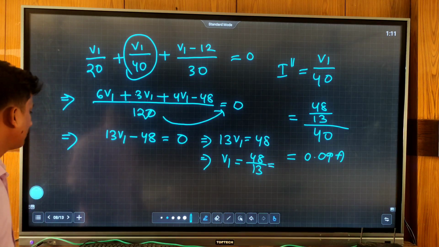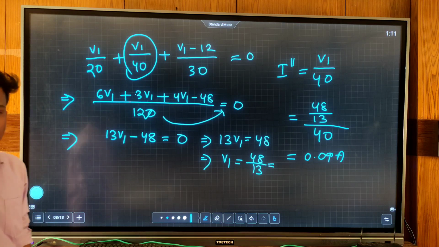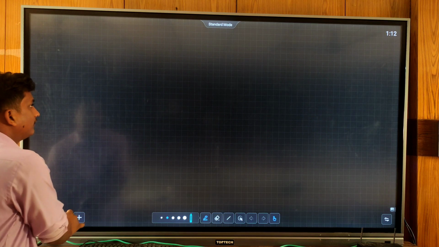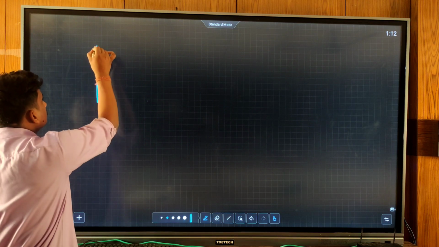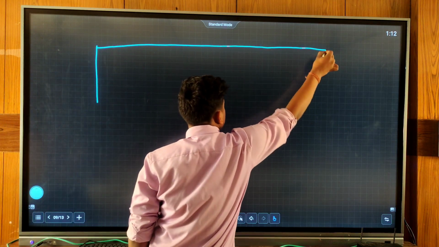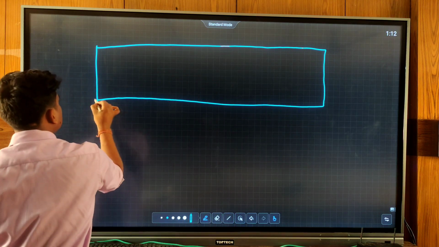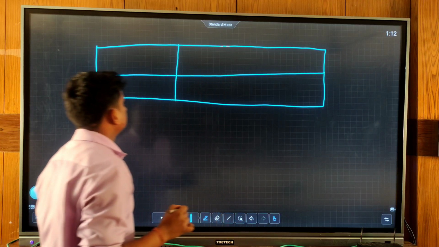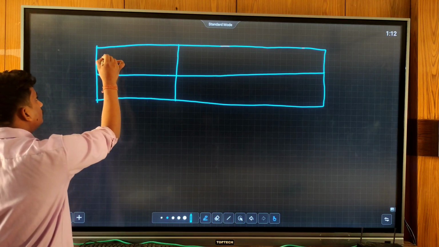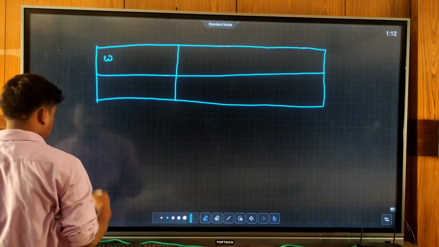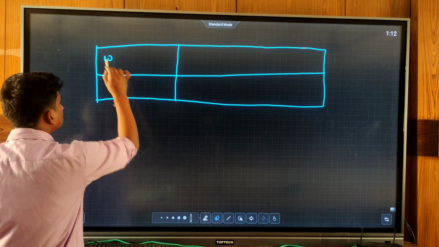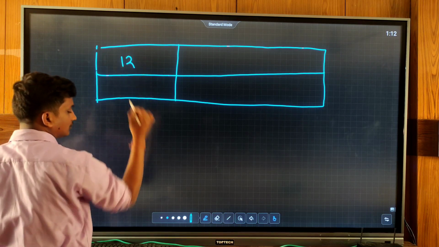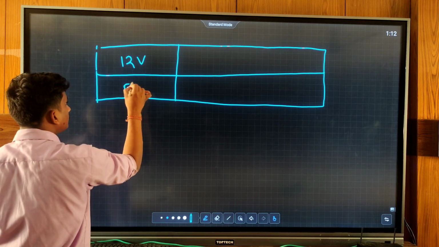After calculating the current of the 40 ohm branch, we have to make a table. In this table, in the first column, just write 12 volt source and 5 volt source.